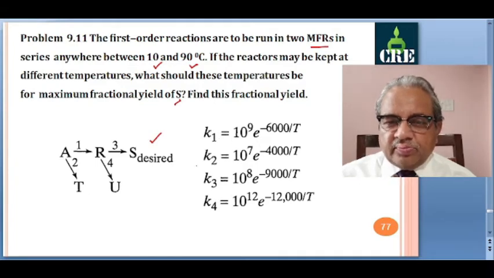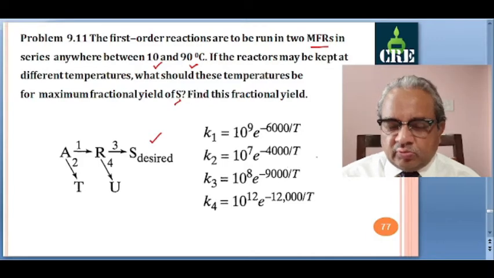So for K1, K2, K3, K4, the frequency factors are 10 raised to 9, 10 raised to 7, 10 raised to 8, 10 raised to 12, and our activation energies E1 is 6000, E2 4000, E3 is 9000, E4 is 12,000.